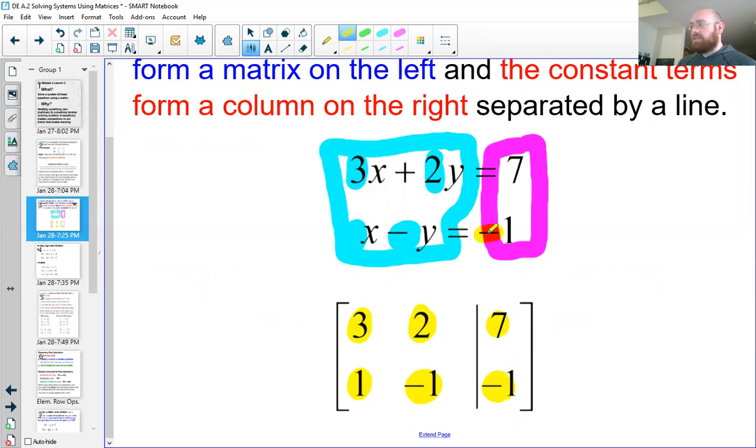The negative sign got a little bit obscured there, forming this column on the right. Notice that the entire matrix is still in these square brackets, and we have this vertical line between the coefficients of our variables and the portion that represents the constant terms.